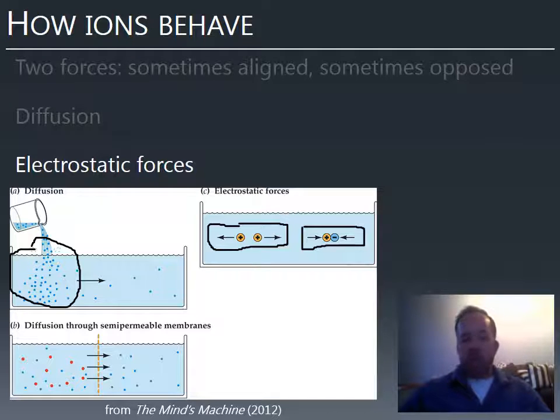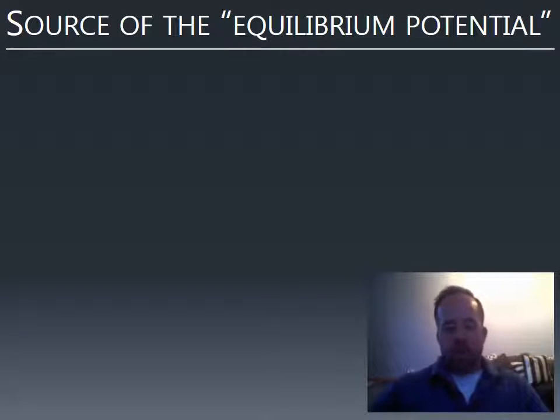Again, just a way of saying that's what they tend to do. Similarly, positive ions want to be apart from each other. Oppositely charged ions want to move toward each other. So don't let that make you think that ions have desires and goals. That's just our shorthand for saying this is what they tend to do.